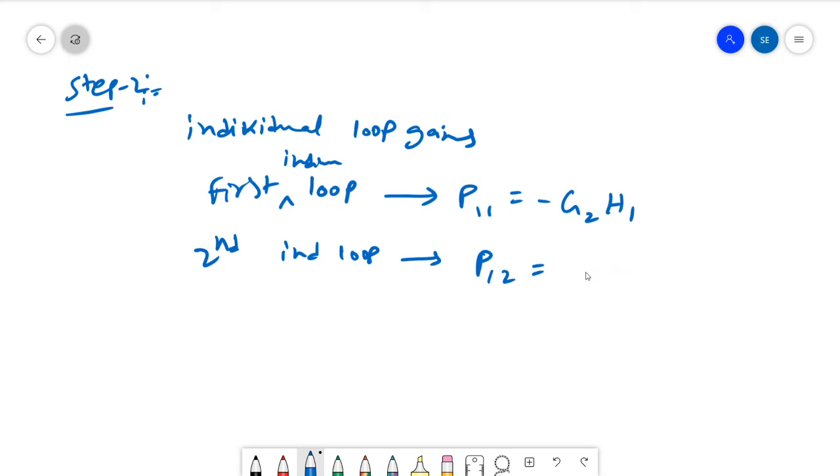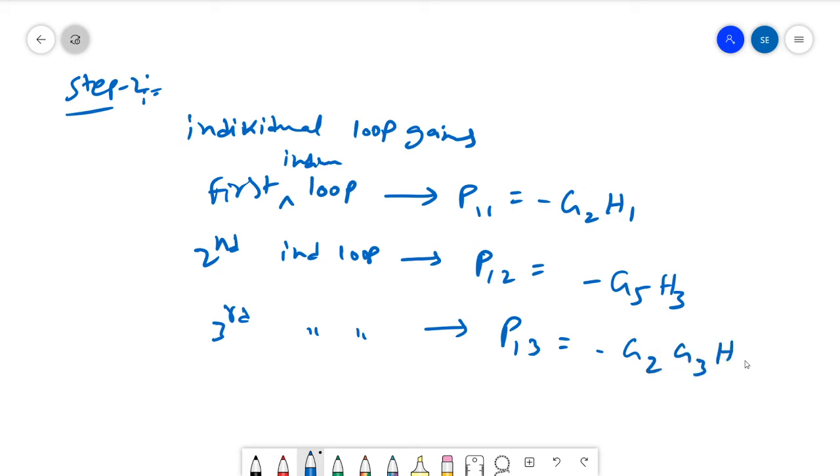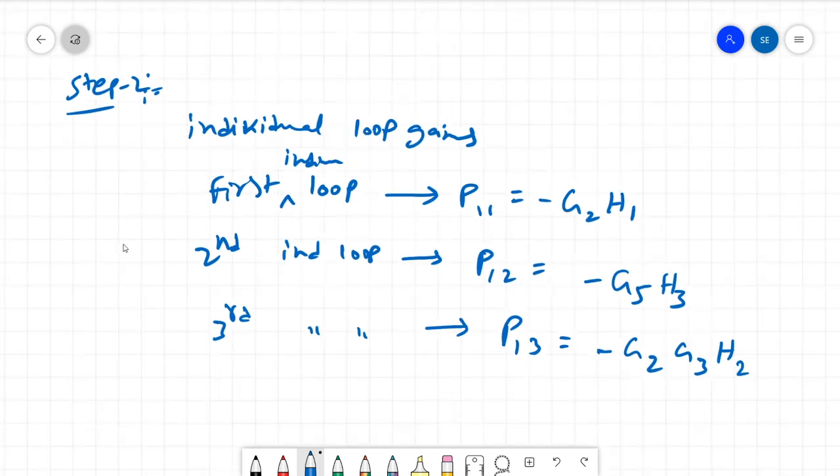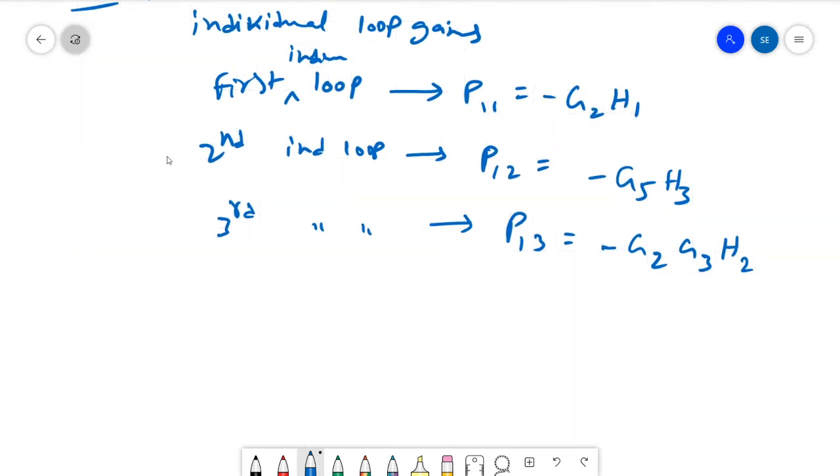The second loop is minus G5 H3, right? Third individual loop, P13 is equal to minus G2 G3 H2, right? Okay, so now we have finished computing the individual loop gains.